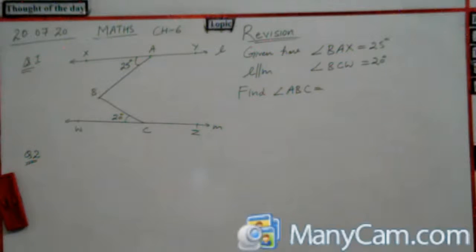Here the question is, question number 2 says that we have the parallel lines AB, CD.